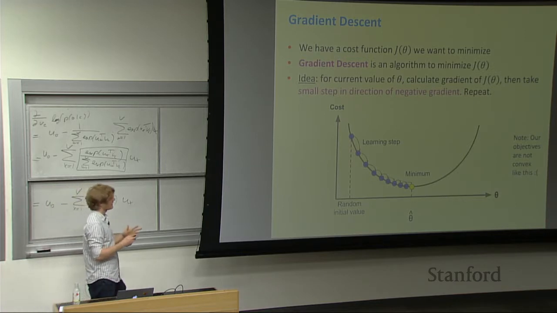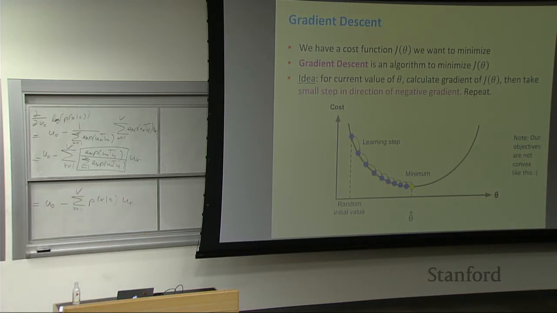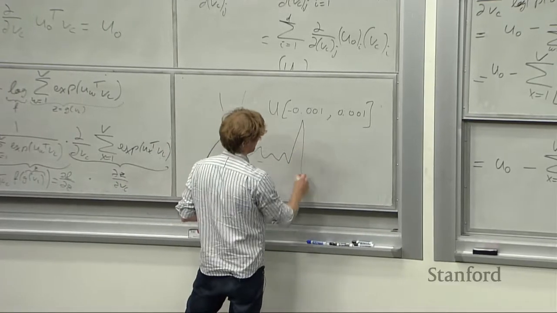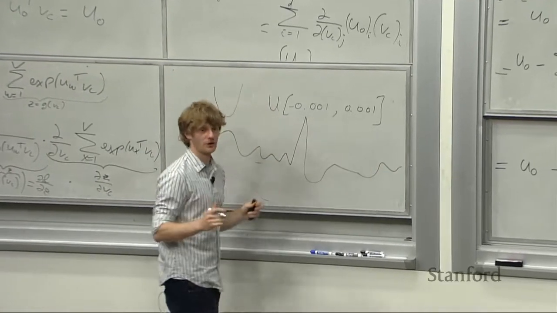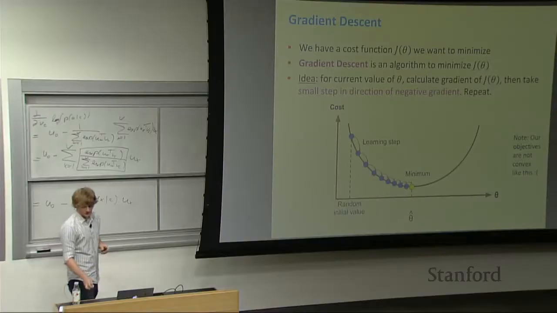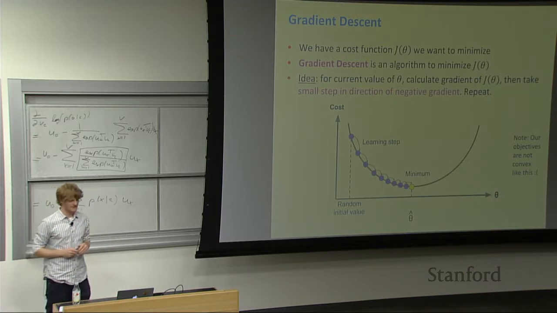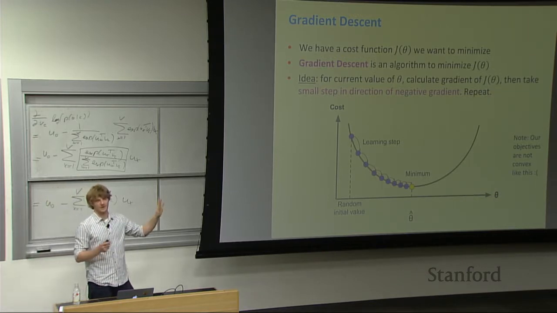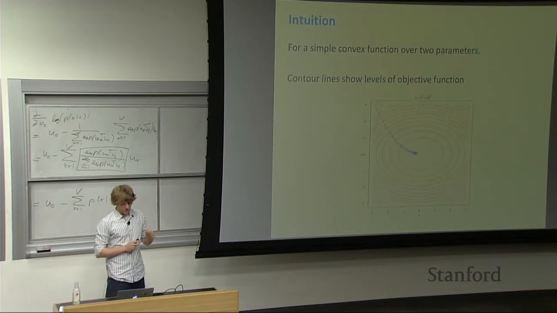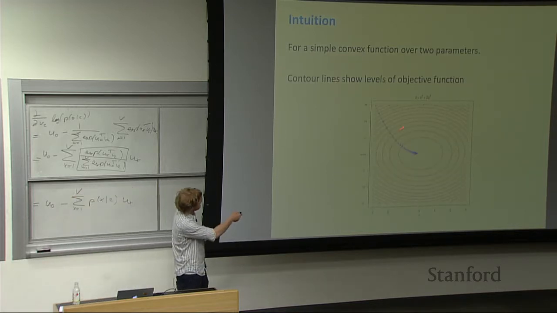But in all our cases, you can intuitively think of these functions not like this, but more like this. They're crazy. They're all over the place. And the deeper the networks will be, the weirder they will look. There's a lot of complexity around this optimization, and we'll go into some of that, but it's not an optimization class. But we'll think a little bit about this. So if you had 2 dimensions, you'll see this.